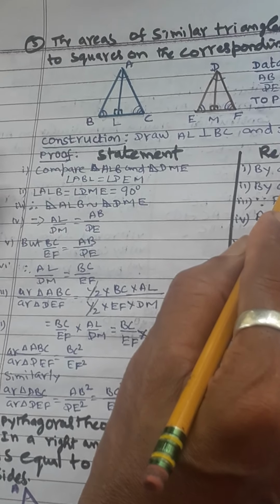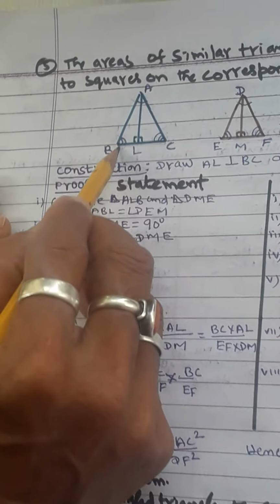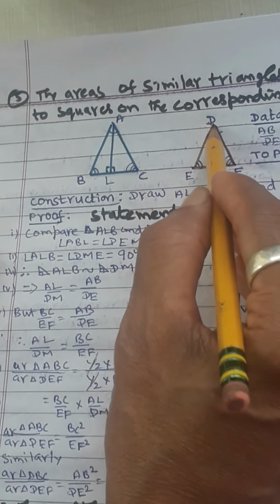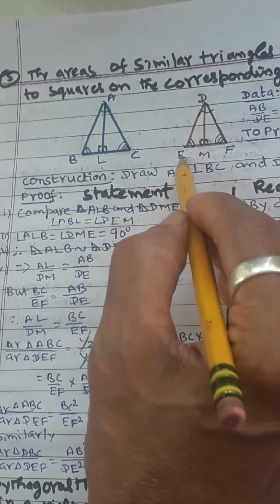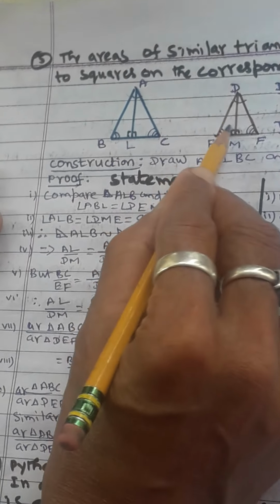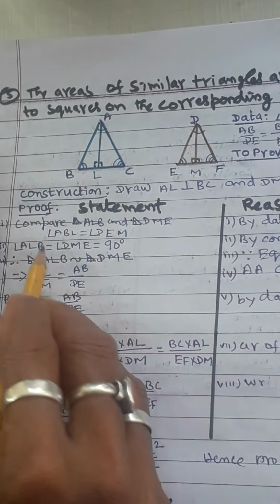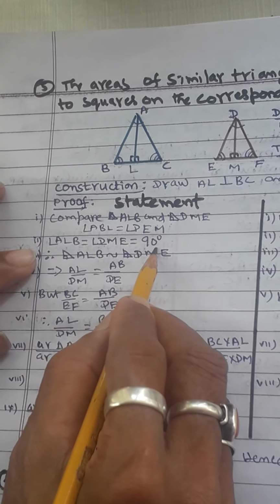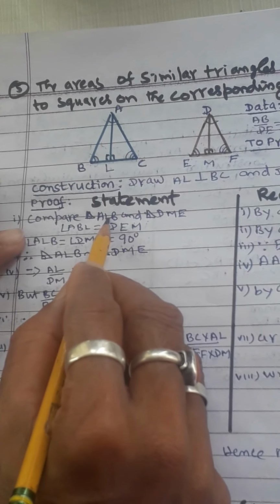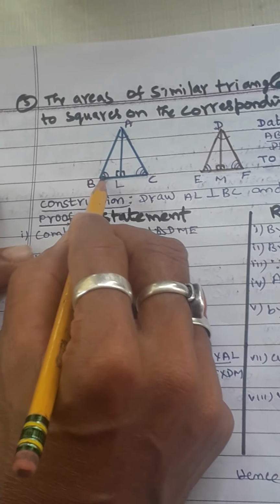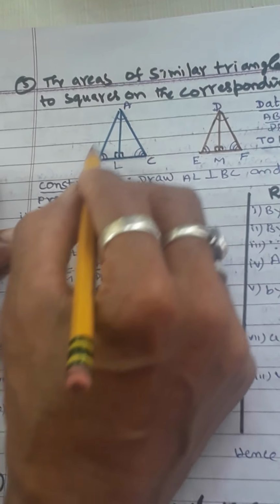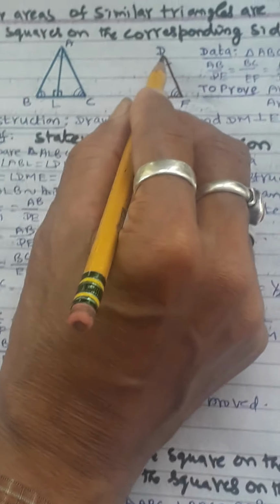Now I am considering triangle ALB and triangle DME also. If you take these two triangles, here is 90 degrees and here also 90 degrees, isn't it? So that we have written here. Then we already know that angle B is equal to angle E, that is, angle ABC equals angle DEF.